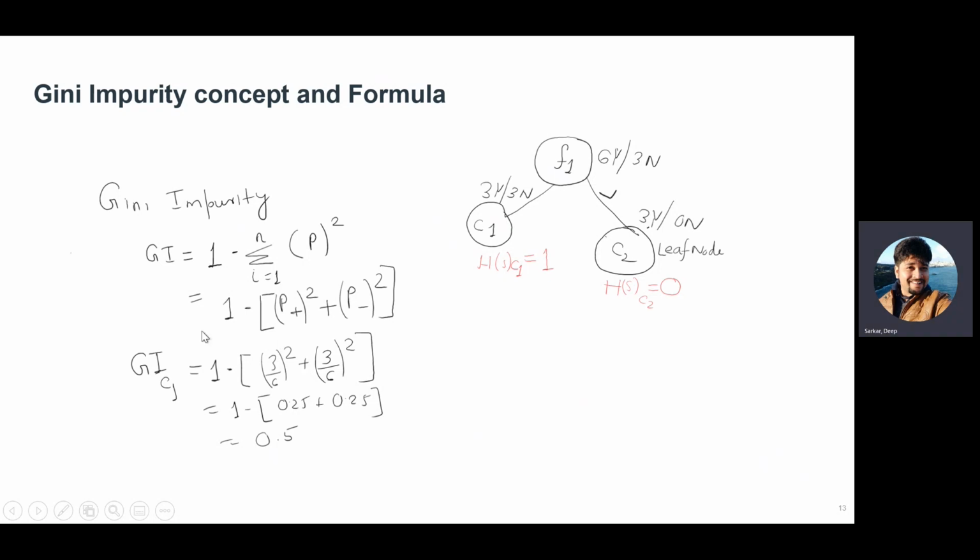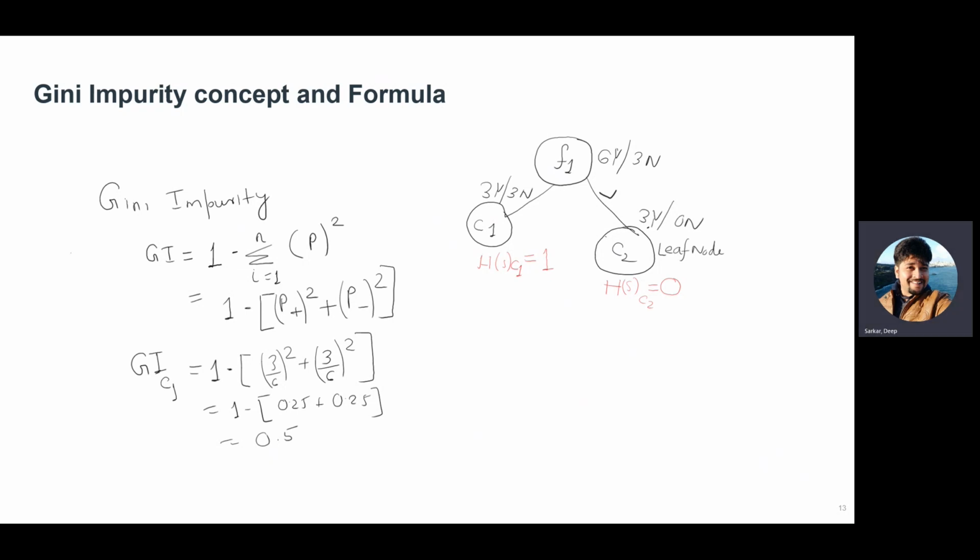And if we calculate the Gini impurity of C1, it's coming as 0.5. Similarly, if you do this for Gini impurity for C2, it will come as 0 as well. Just put it in this formula, you can try it, 3 divided by 3. This will come at 0 if you calculate it for C2. Can you notice the difference? The entropy over here is 1 and the Gini impurity is 0.5.